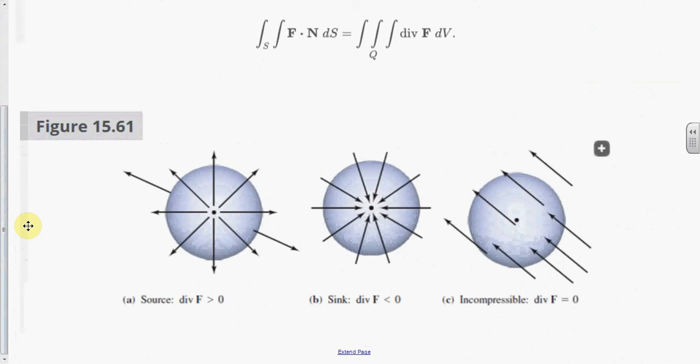That is, the fluid is flowing from the particular point. If the divergence is negative, we have a sinkhole there. So the sink point actually receives the fluid, and then you might not have any activity at the point. That is not a source nor a sink. That is, the divergence is equal to zero.